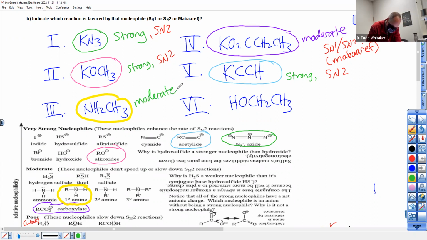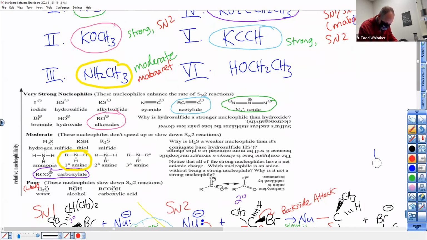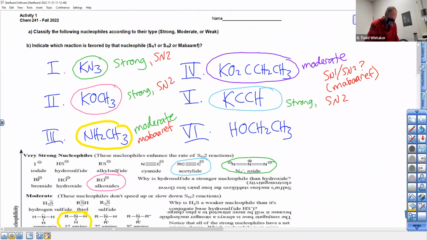Would she like saying Mabaraf? Okay. Yes, you got it. Weak. You slow down the SN2, so by default, which one are you helping? By hurting one, you're really helping the other, right? By default, SN1.